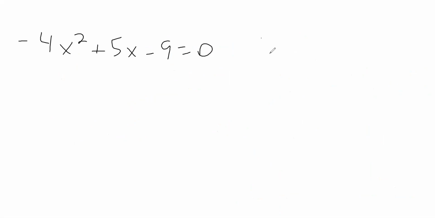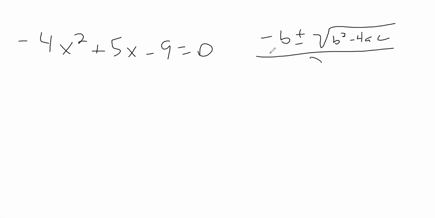We'll recall the quadratic formula, and that is something I would commit to memory: negative b plus or minus the square root of b squared minus 4ac, all of that over 2 times a. The cool thing about that is we just computed the discriminant, the thing that goes strictly inside the square root. We already computed that bad boy. And so now we just need to fill out the rest.